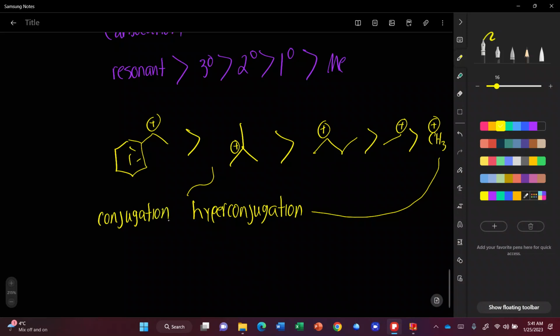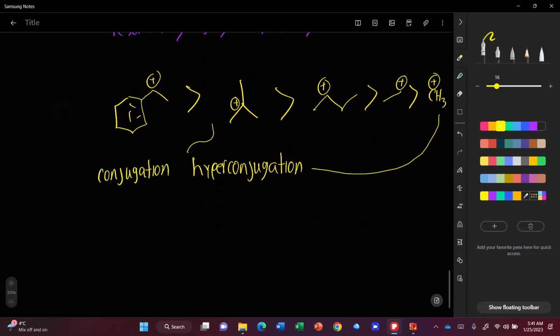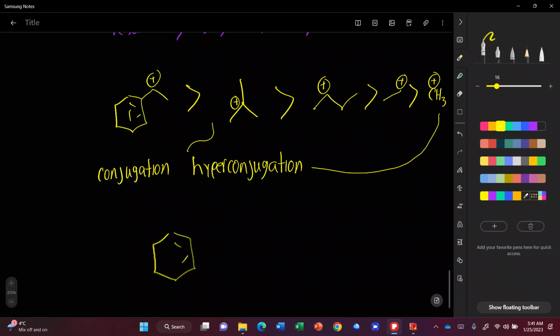When you are resonance stabilized, instead of that positive charge being confined to just one atom, it can be spread out, right? I can draw a resonance structure where that double bond goes over there, and what that allows me to do is delocalize that positive charge.